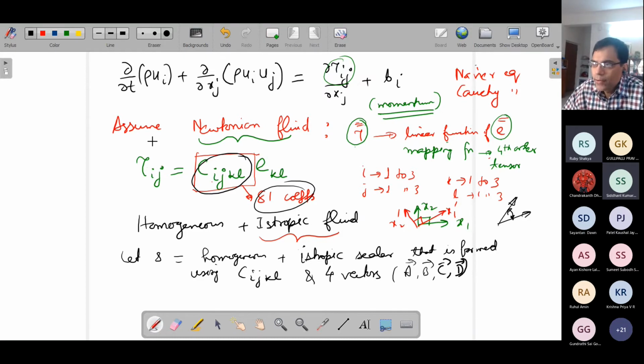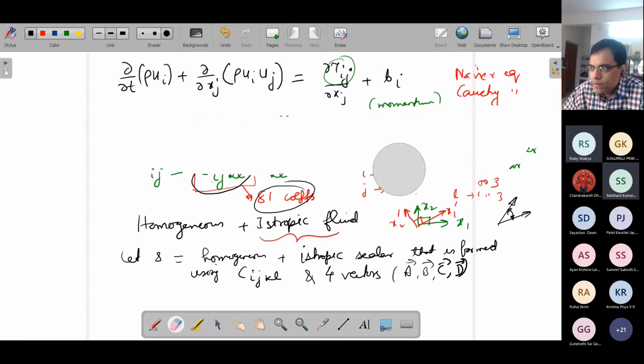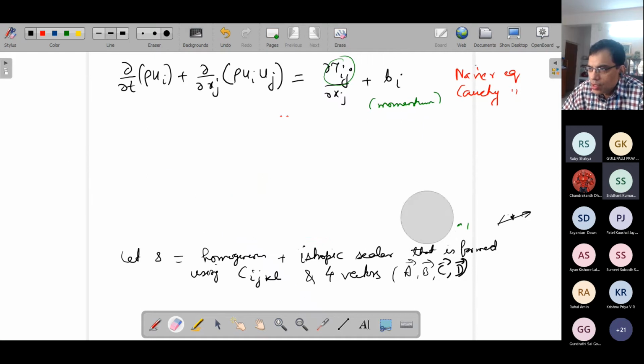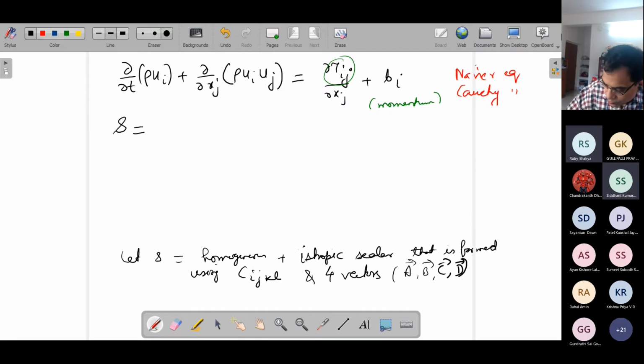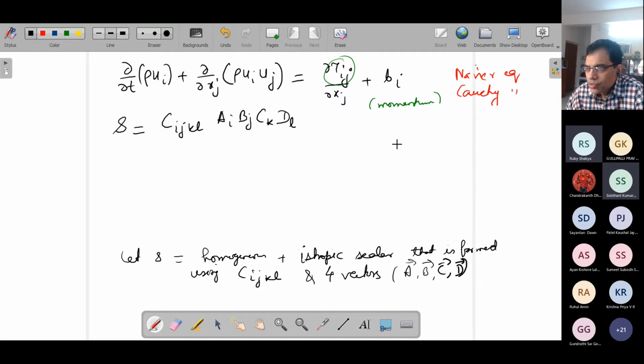So to write it properly, I will just write this one. S is equal to Cijkl Ai, Bj, Ck and Dl.